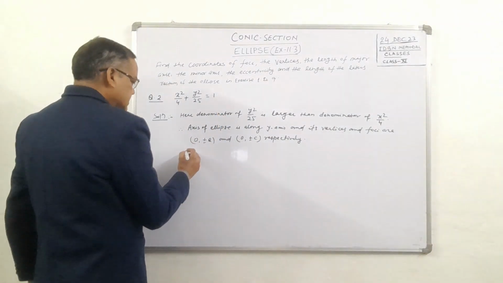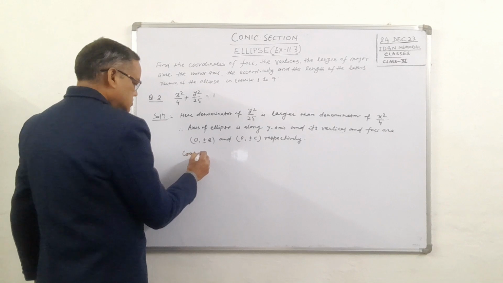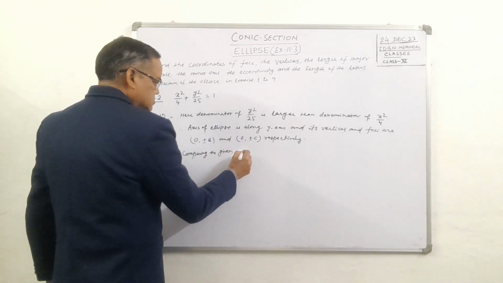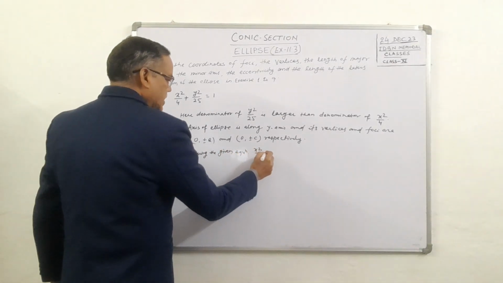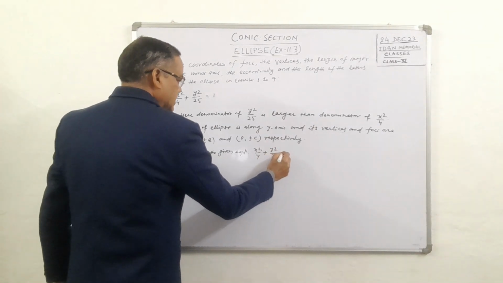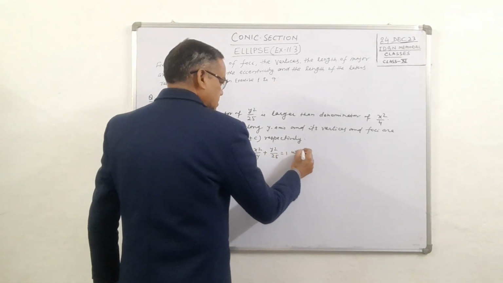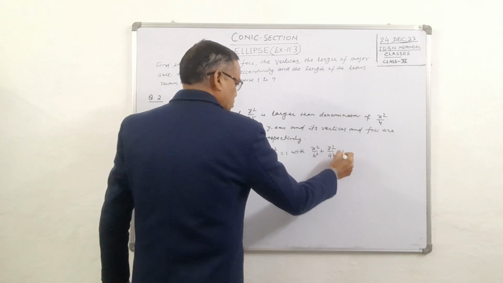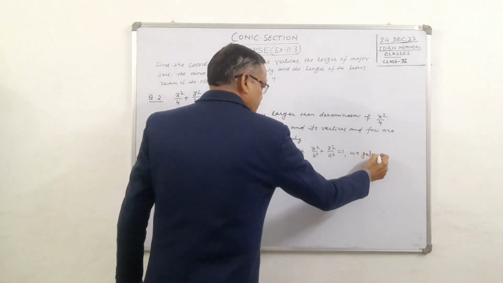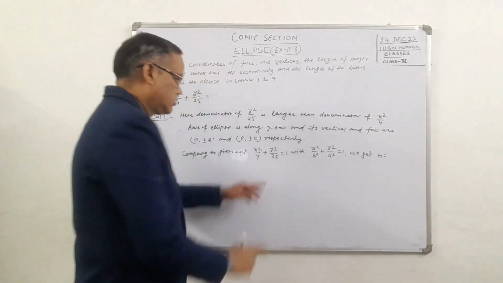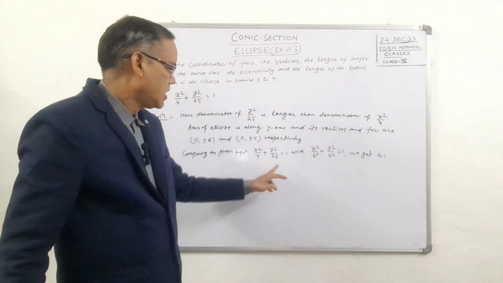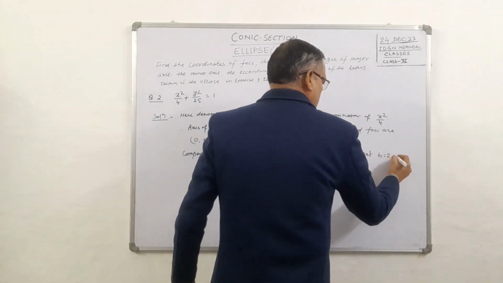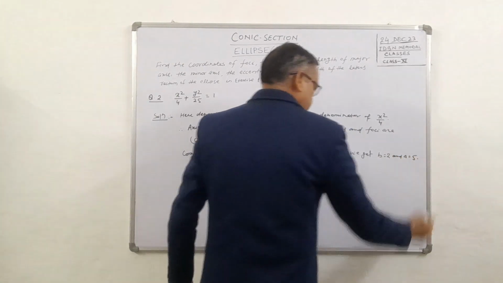So comparing the given equation x square by 4 plus y square by 25 equal to 1 with x square by b square plus y square by a square equal to 1, what do we get? b square is 4, so b will be equal to 2, and a square is 25, so a is equal to 5. So b equal to 2 and a equal to 5.